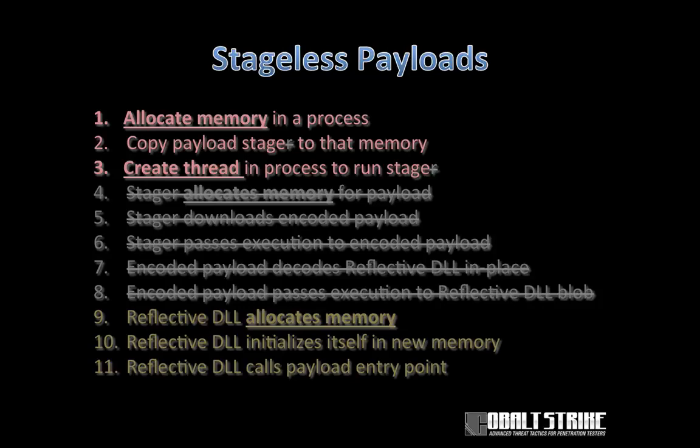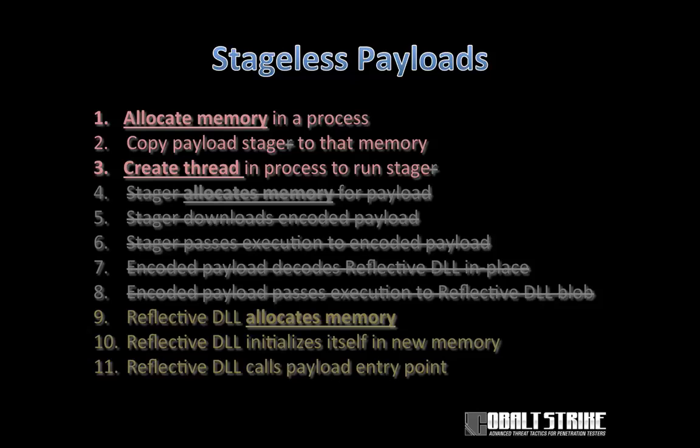That artifact allocates memory in a process, and that could be the current process, could be a remote process. The artifact then copies the beacon payload stage to that memory. The payload stage is an executable blob whose purpose is to initialize and pass execution to our beacon payload. The artifact then creates a thread to run that executable blob.